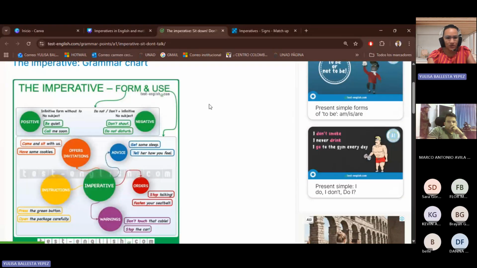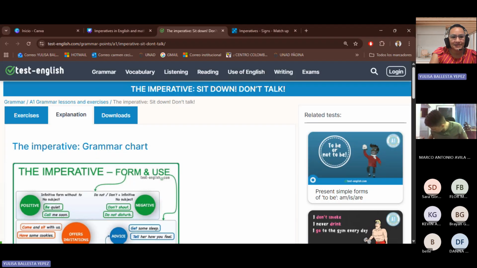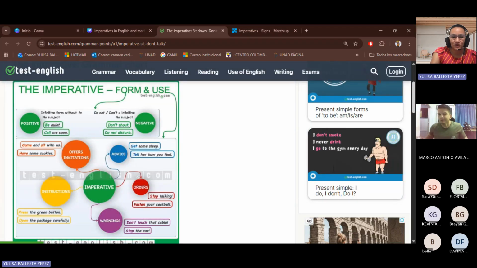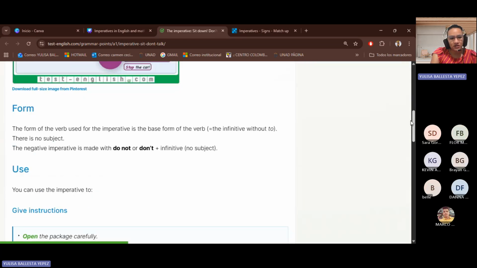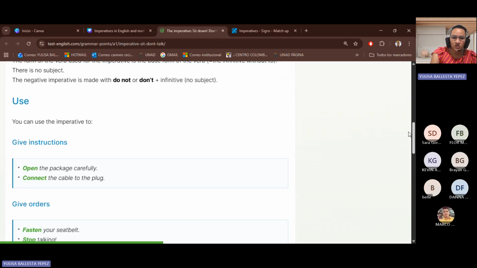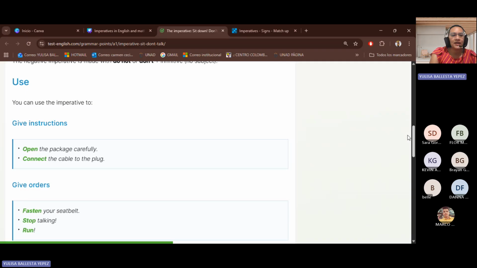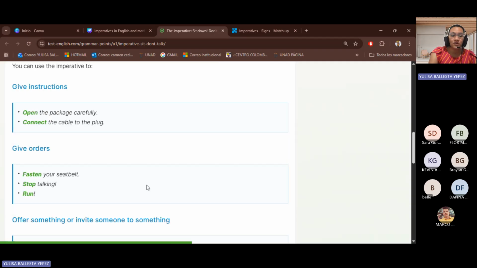This is the activity we read before. And now that you practice and you listen and read, you could do this activity. But we have more information. So the form, do not, don't, to give instructions, open, connect the cable to the plug, and we have more information.